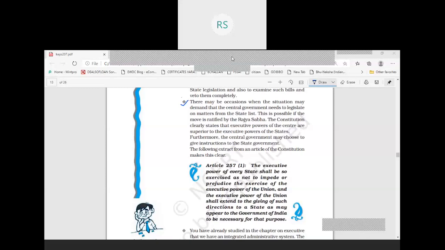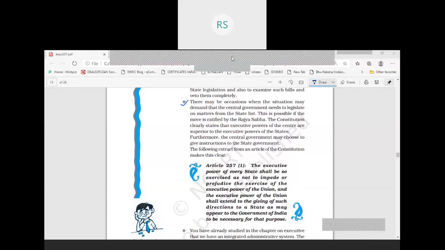But in order to get that authority, there is a need for approval by the Rajya Sabha.